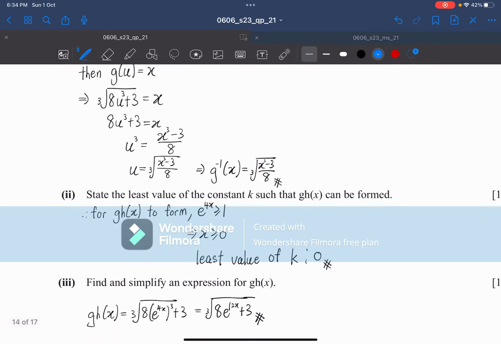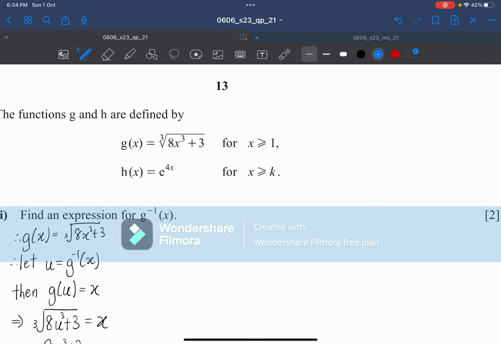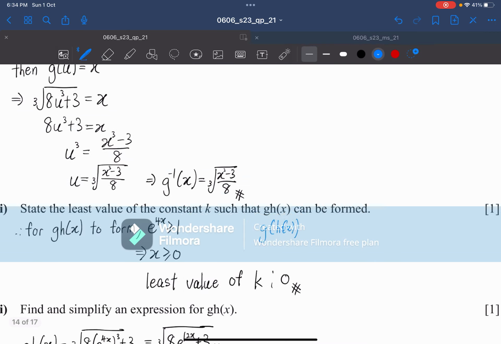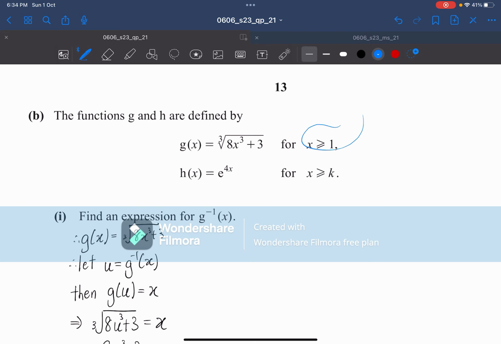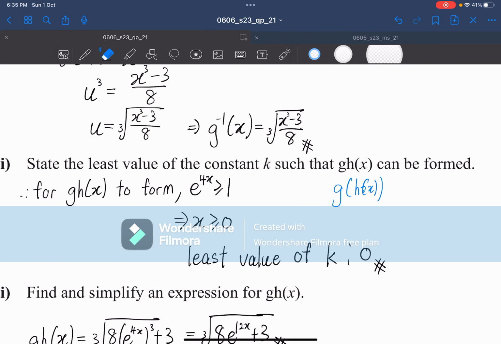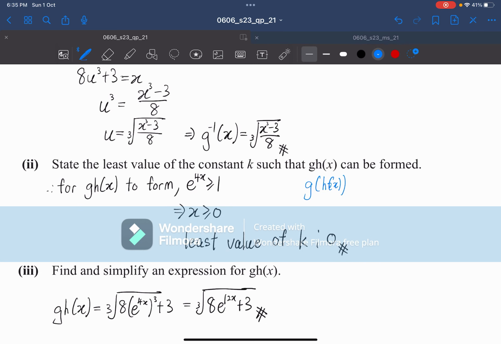Since now it's going to be h(x) inside of it, we substitute e to the power 4x into the x of g(x). This means that now e to the power 4x must be greater than or equal to 1, because that's a domain, right? So this implies that x will be greater than or equal to 0. And hence the least value of k will be 0. So that's how you do it.